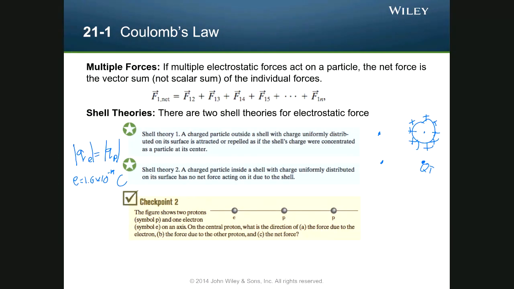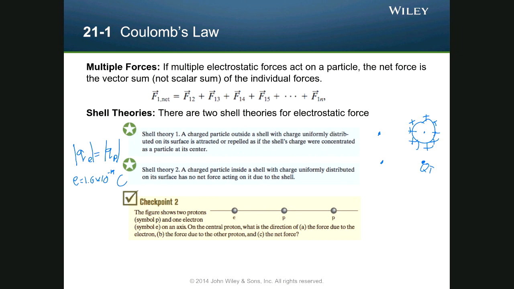Now, looking at the checkpoint, let's look at the central proton. From the electron here, first ask yourself, will this proton be attracted to or repelled by the electron? So what do you all think? Again, we're looking at attracted.